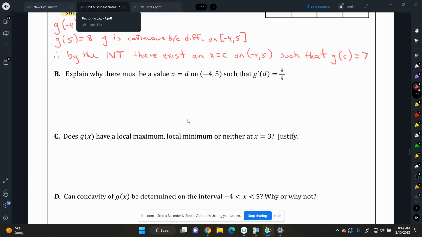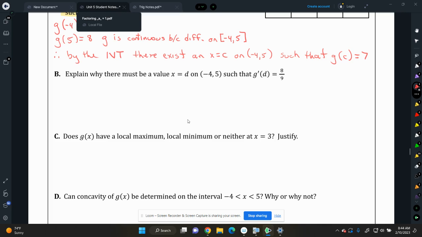No, because differentiable implies. Okay, so yes, because it has to be twice differentiable in order for the derivative to be continuous. Because differentiability implies continuity. So if it's twice differentiable, then we know that the first derivative is continuous.